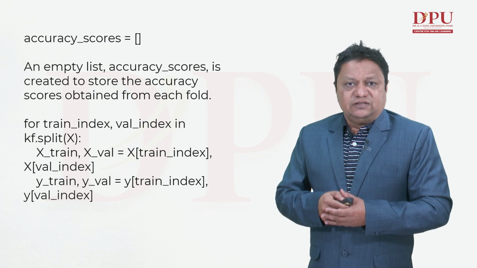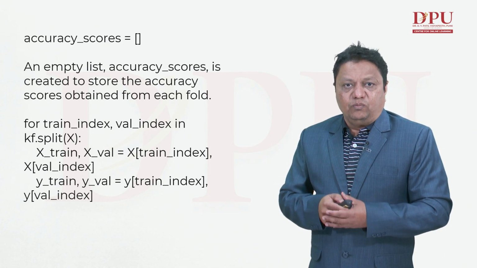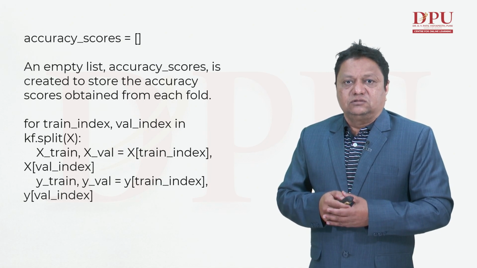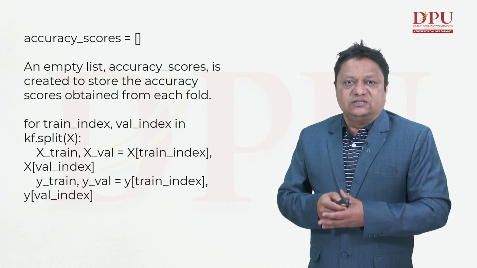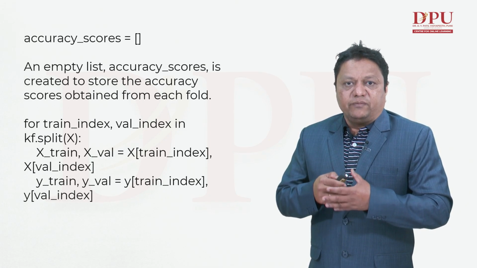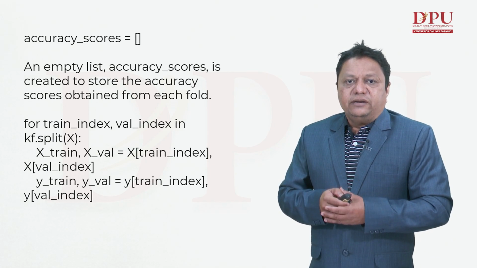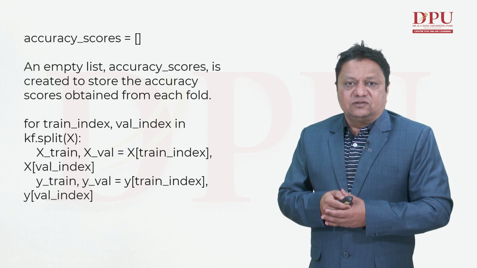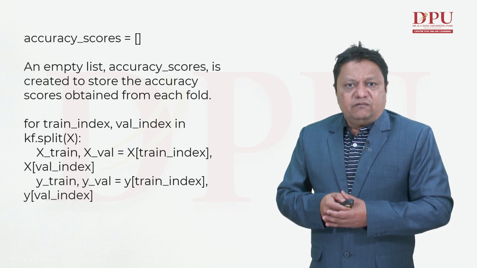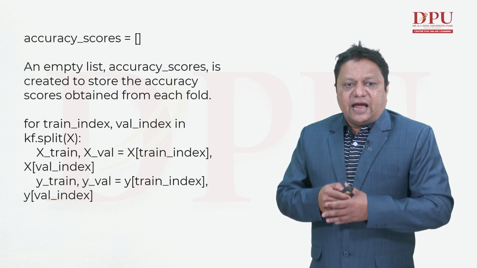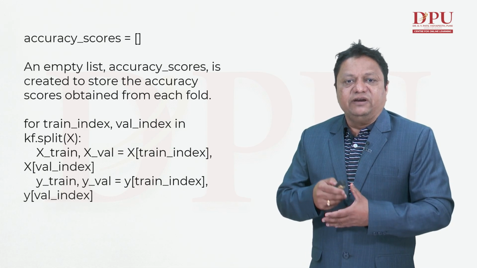The accuracy which we are going to obtain from each fold, in each iteration of the for loop, is going to be stored somewhere, and here we have stored it in a list called accuracy_scores. So, the accuracy_scores list will contain the accuracy scores that we obtain while we train the model.